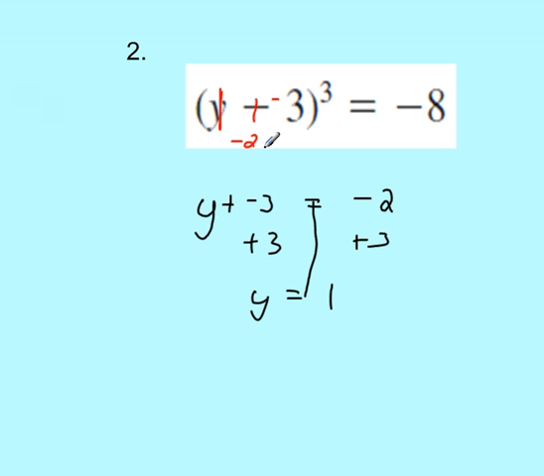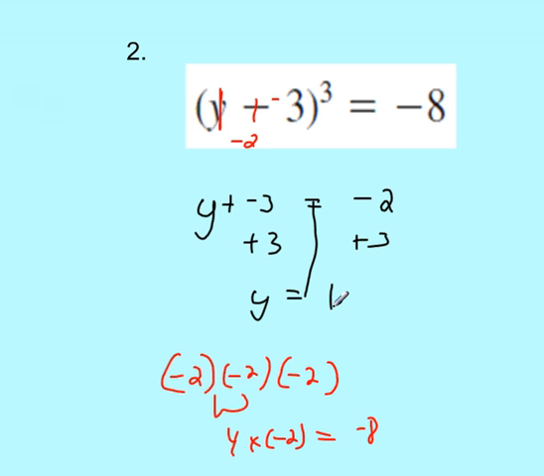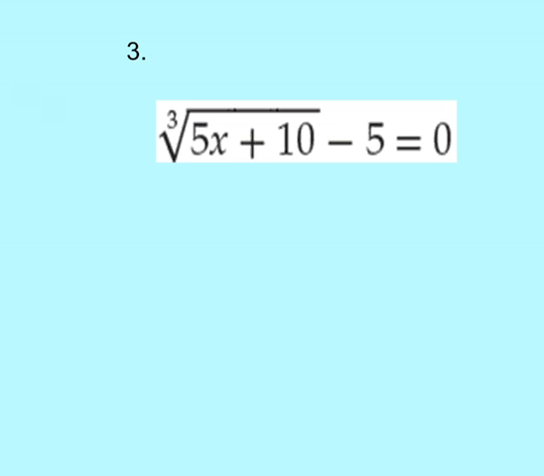Negative 2 times negative 2 is 4. 4 times negative 2 is negative 8, so it does work out. Here, I'll show it down here. Negative 2 times negative 2 times negative 2 gives us 4, and 4 times negative 2 is equal to negative 8, so it does check out. So the answer is y equals 1.